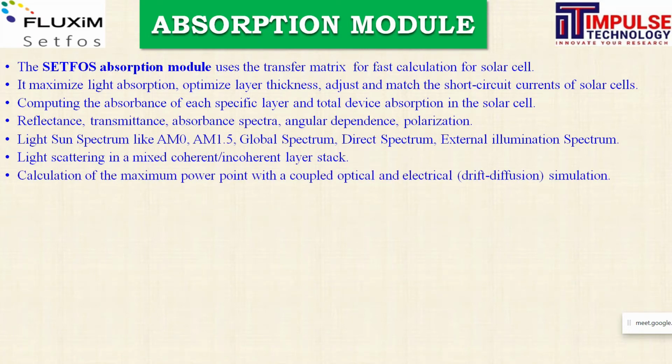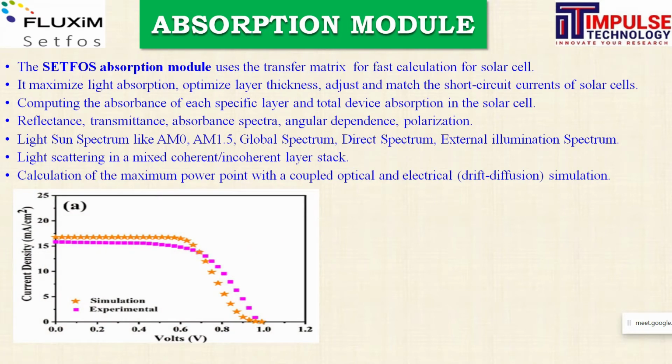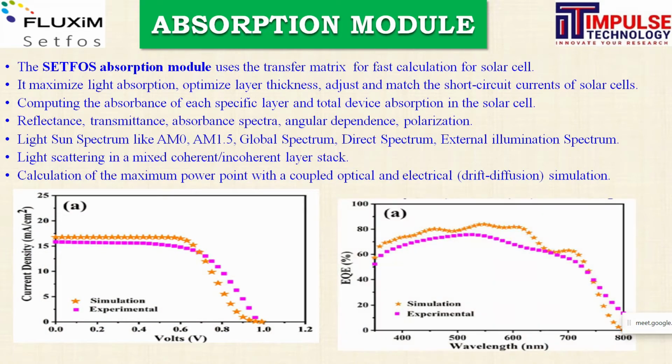You can use mixed coherent and incoherent layer stacking, and calculation of the maximum power point coupled with optical and electrical drift diffusion. So optical analysis can be plotted simultaneously with the electrical analysis. Optical and electrical properties you can plot in a single click.